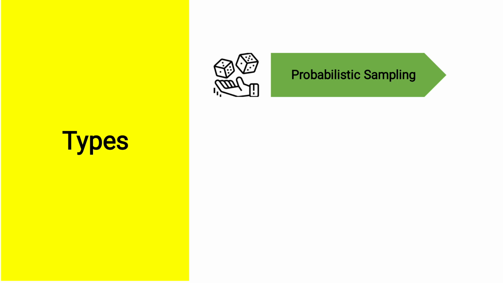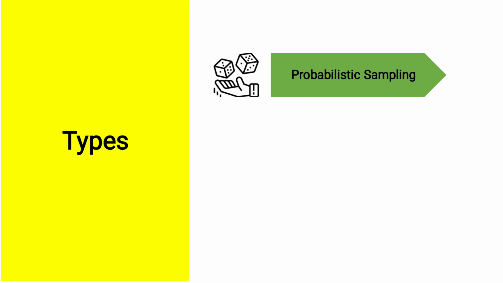Probabilistic sampling is based on probability theory, where you give an equal chance to every individual in your population and draw the sample.